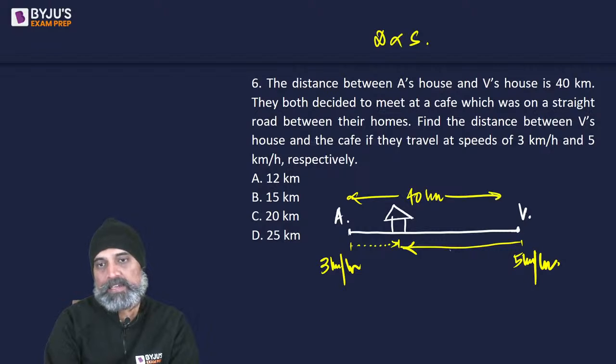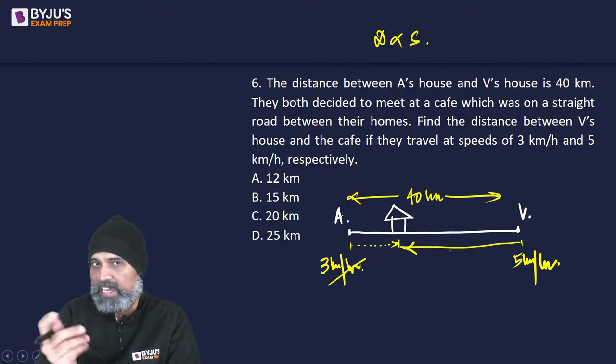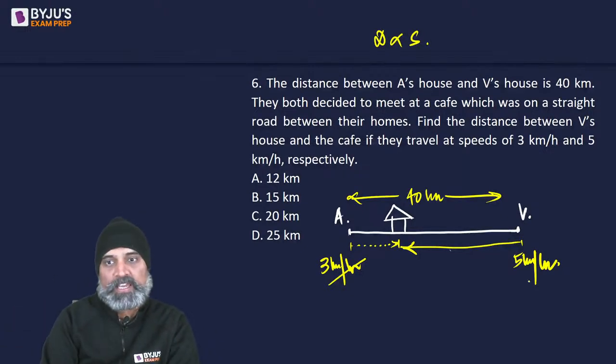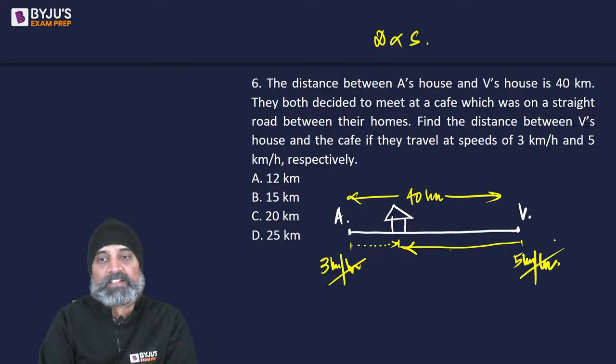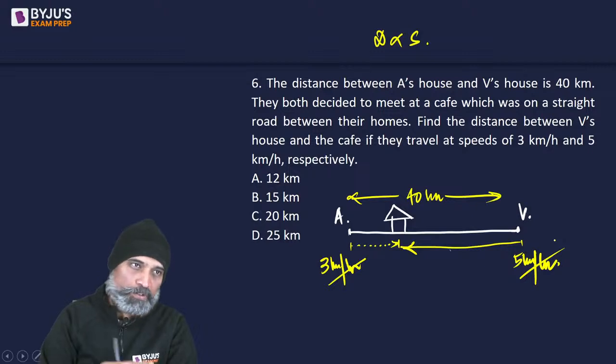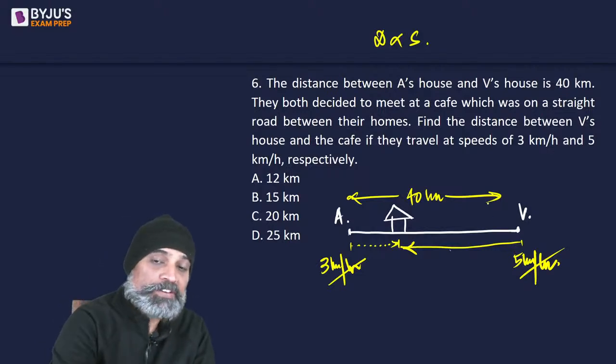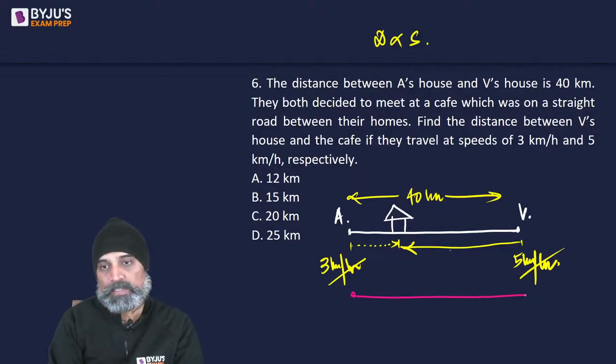As in, the one that has a speed of 3 will cover 3 segments or 3 meters or 3 kilometers, any unit, in multiples of 3. And V is simultaneously going to cover 5 meters, 5 steps, 5 segments, 5 kilometers. That means I need to divide this 40 into 8 equal segments, right?